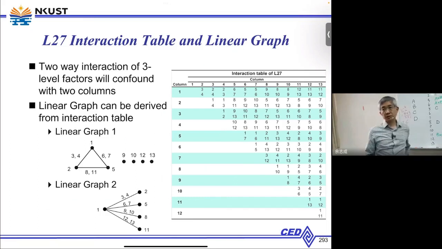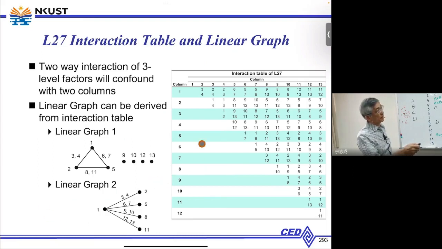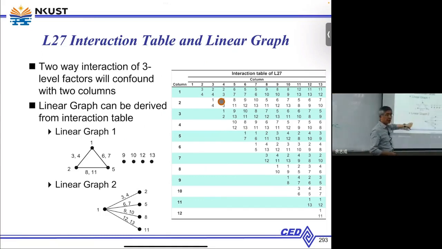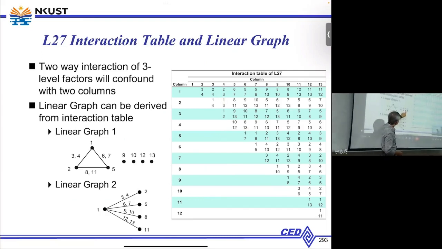For 3-level factors, it is a little bit more complicated, but still follows a similar principle. As you can see, for L27, the interaction will always happen in 2 columns. What will be the linear graph? They provide 2 linear graphs. The first linear graph can analyze 7 main effects.